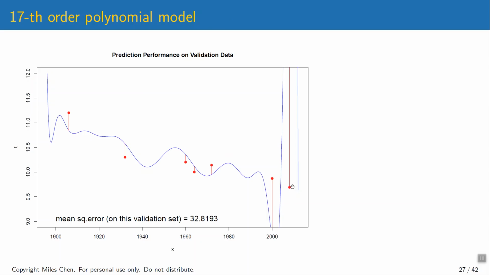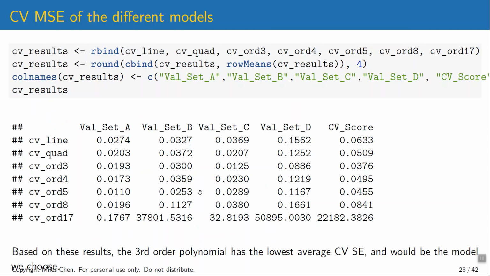So we can see that the mean squared error on this data set is extremely huge. And that was just one of the validation sets.